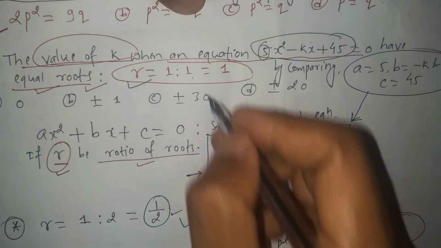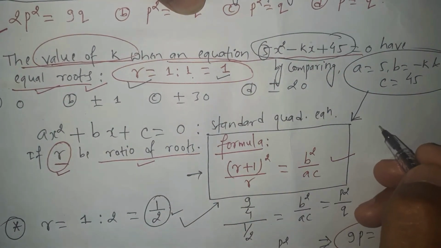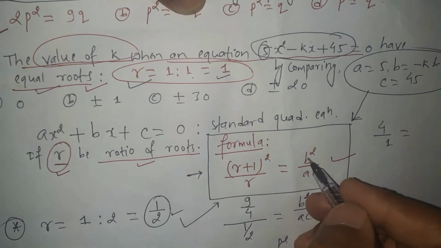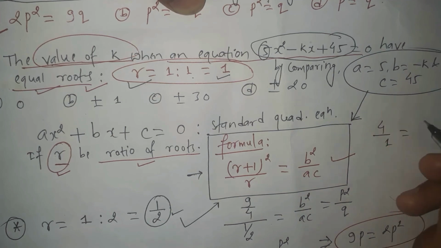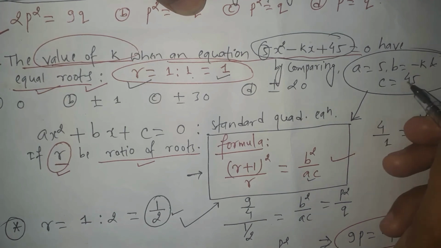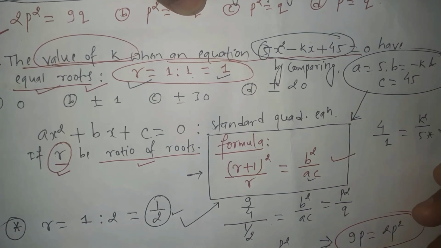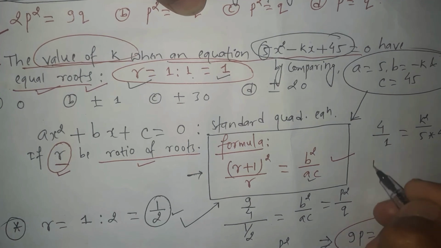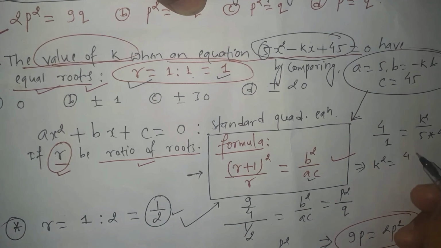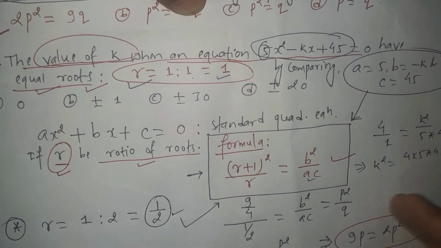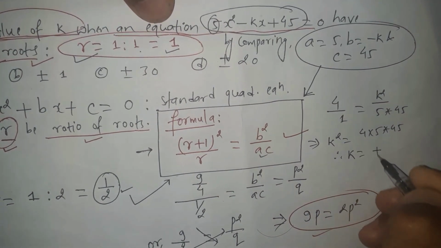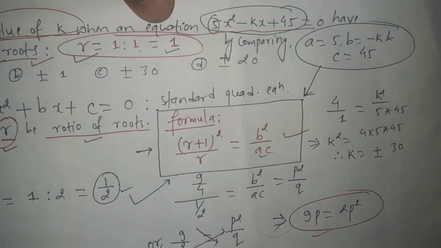Then (1 plus 1) square gives 4 over r, which is 1, equals b square, which is negative k square, over a times c. a is 5 and c is 45, so 5 times 45. Let's do the cross multiplication. k square will be 4 times 5 times 45. If we calculate this, the value of k will be plus or minus 30.